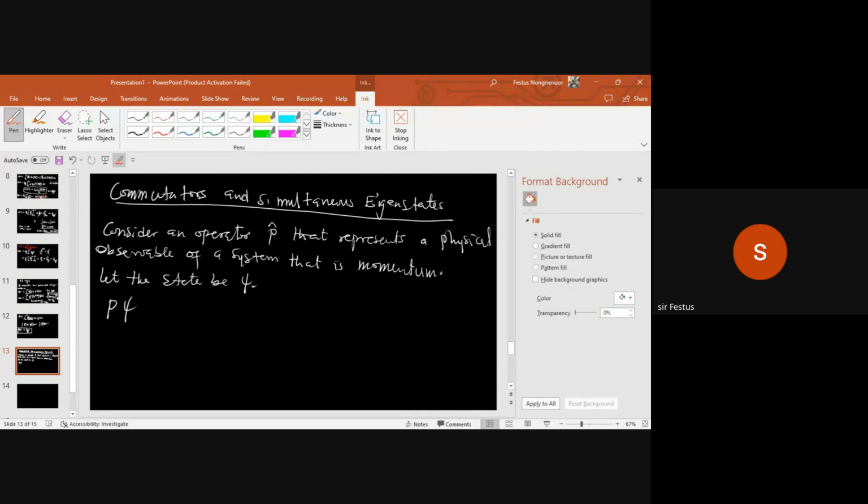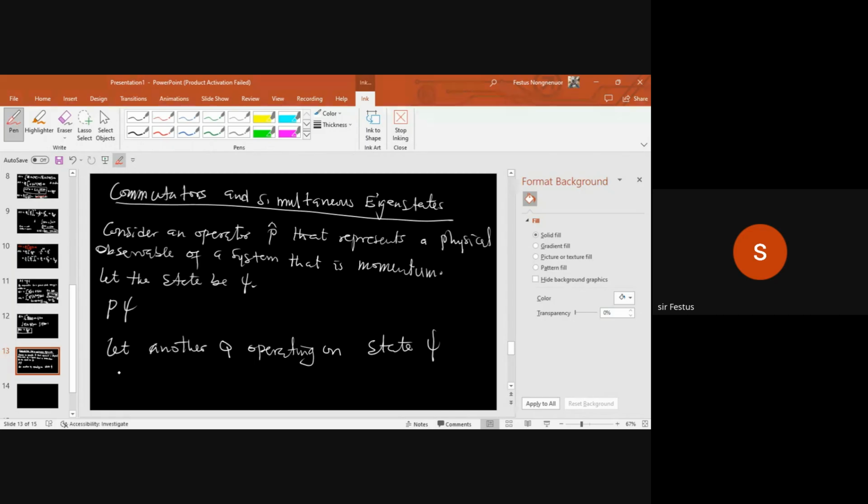Now, let another operator, let's say Q, also operate on the same state psi. So the operator will also be written like this.